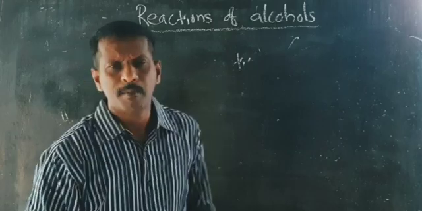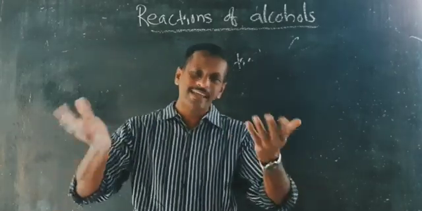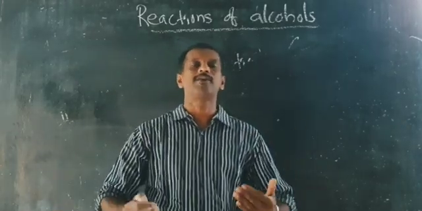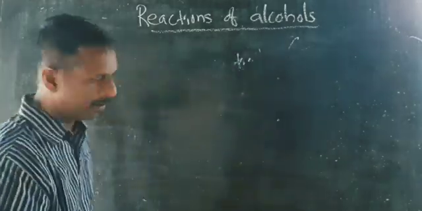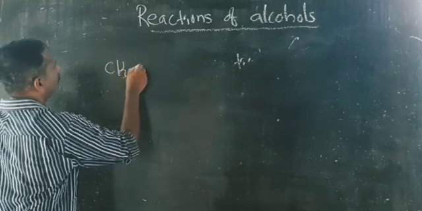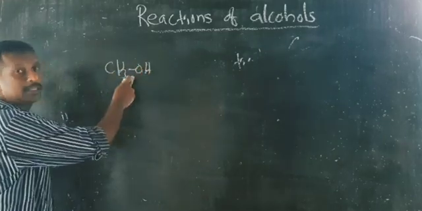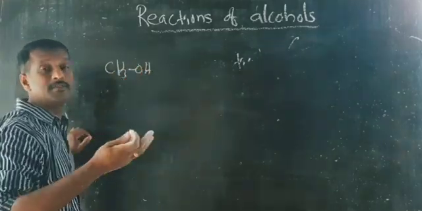We know that the bulkier the acid or the bulkier the alcohol, the rate of reaction will be lowered. That means we know that CH3OH, methanol, for esterification, the reaction will be very fast.